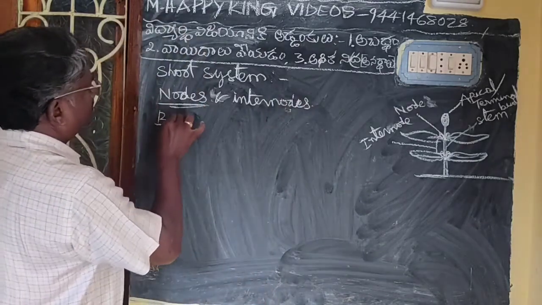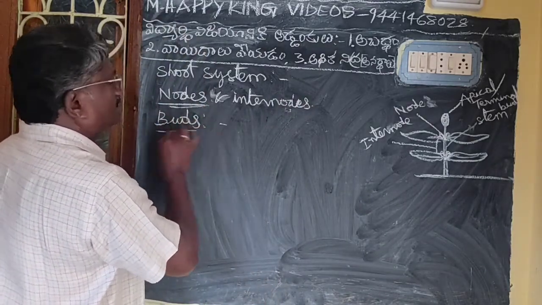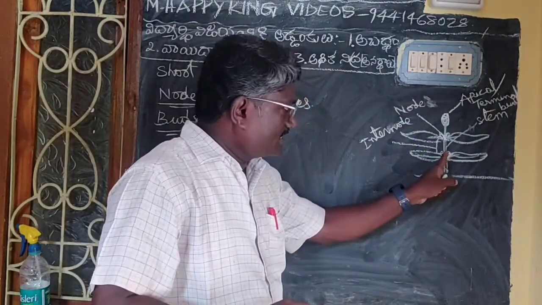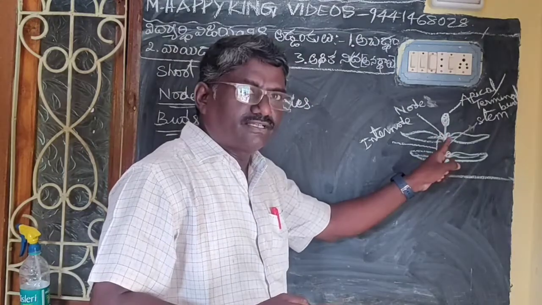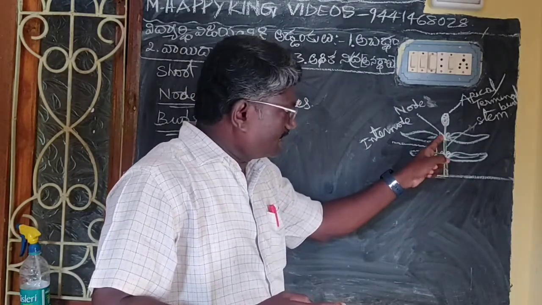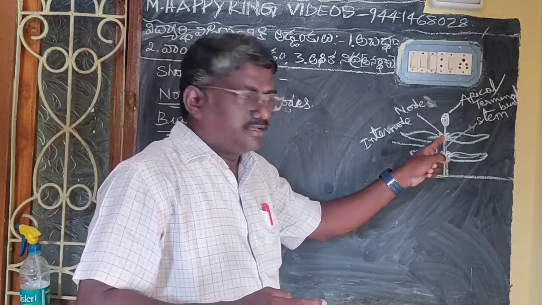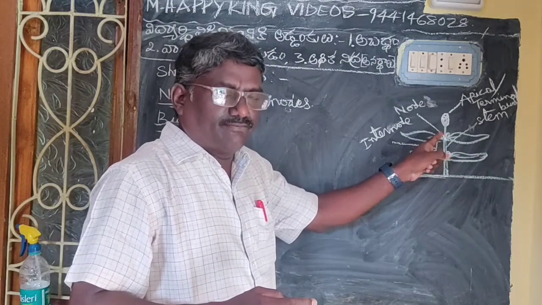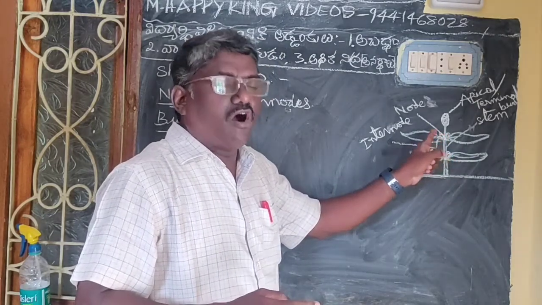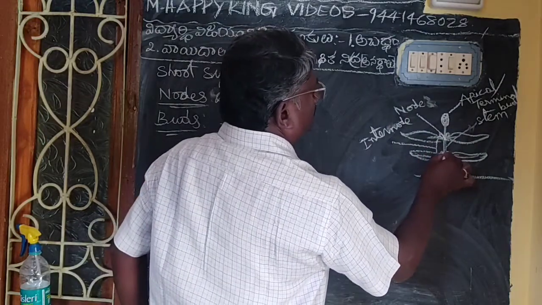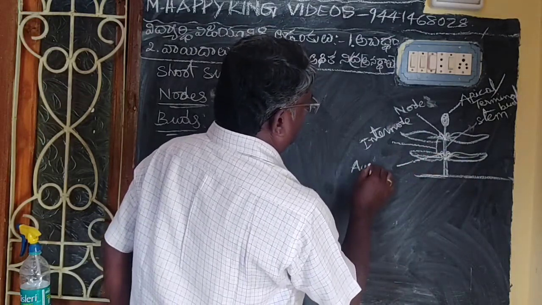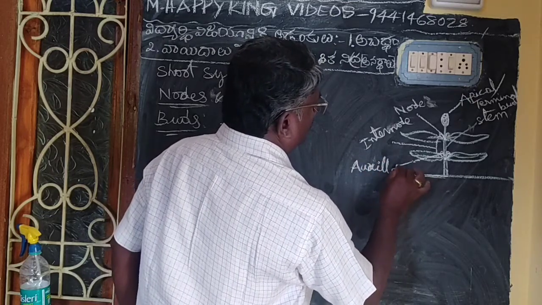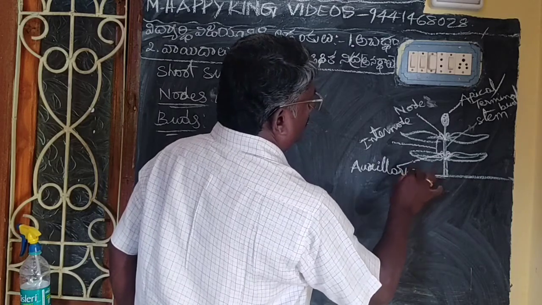Buds are two types. In the axils of the leaves, we can see some buds are there. These buds are called axillary buds. The axils of the leaves contain axillary buds.